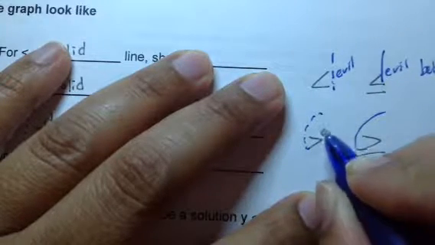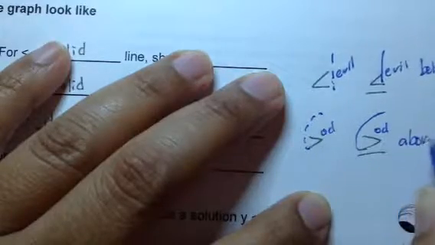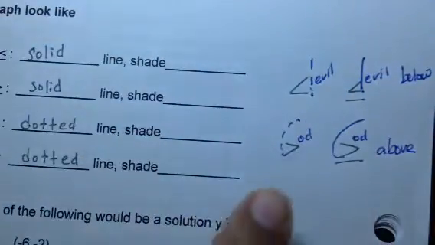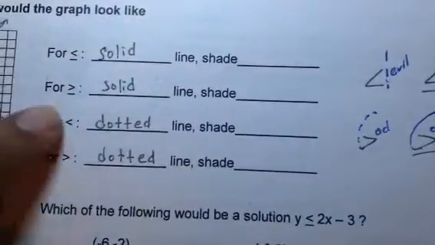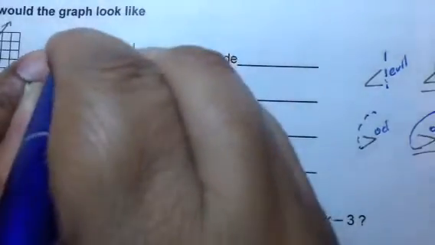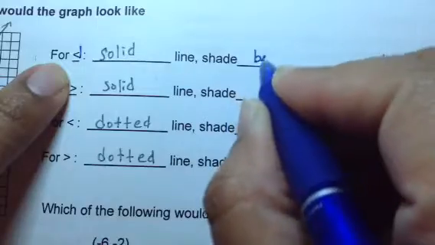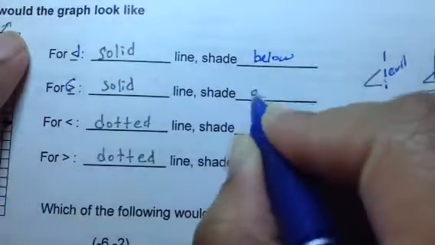When you have God, you shade above. So again, the devil's below, God is above. So when you're looking at this, you should know this creates the D. So this is shade below. This creates the G, so it's above.